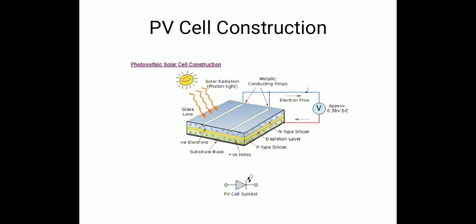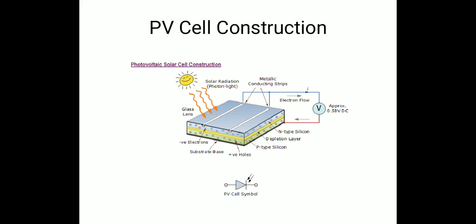On top of the upper side, a glass lens is covered, where the solar radiation, or we can say the photon light, is incident upon it. Both the positive and negative junctions are connected using metallic conducting strips. Then a closed circuit is formed between the positive and negative side.